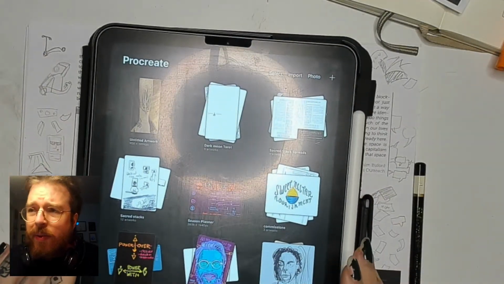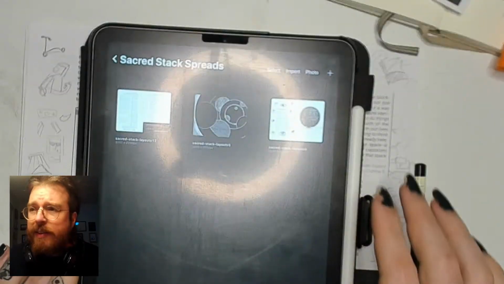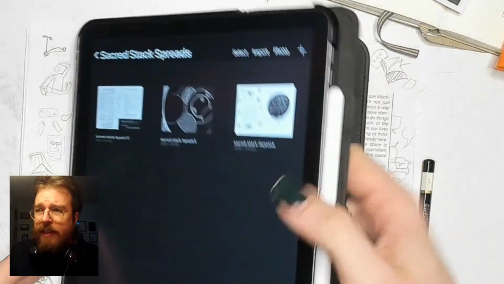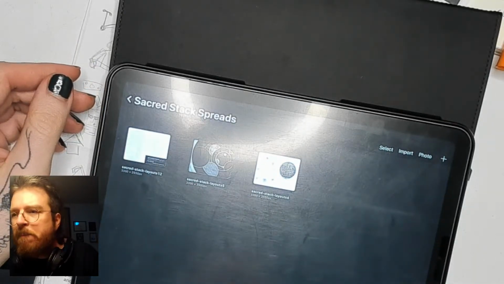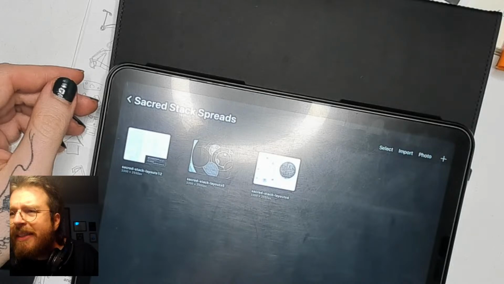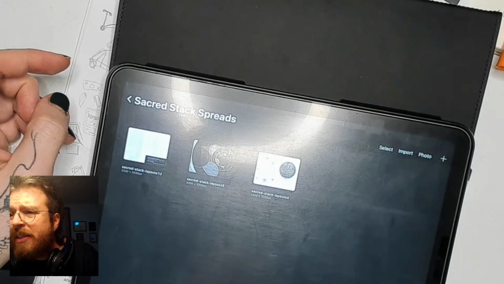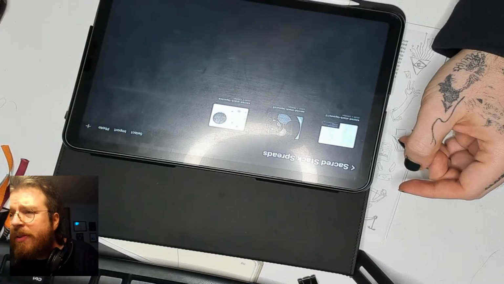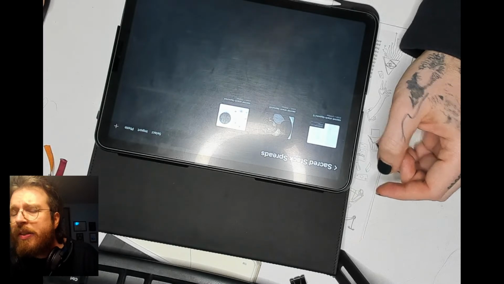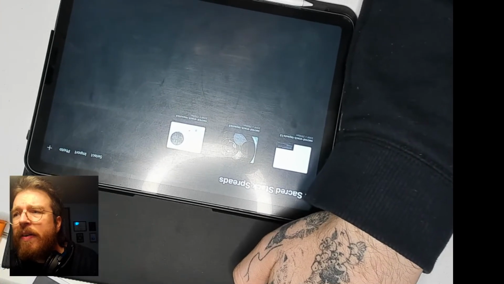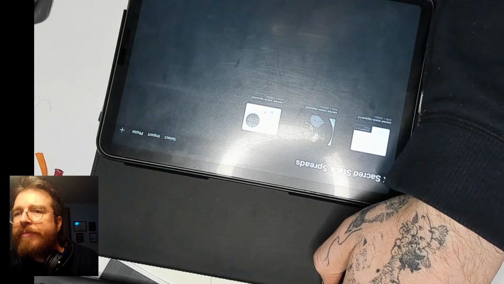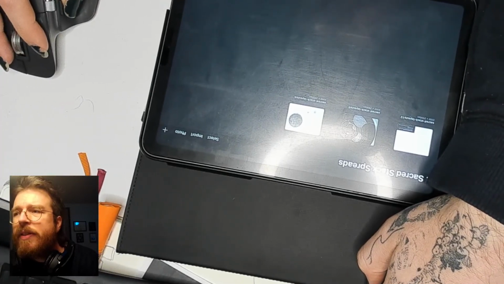All right, so we are going to look at sacred stacks, and when I angle the iPad thusly, it doesn't catch that light as much. Transform, fit to screen. Oh, not quite. Well, you're seeing it live, folks.